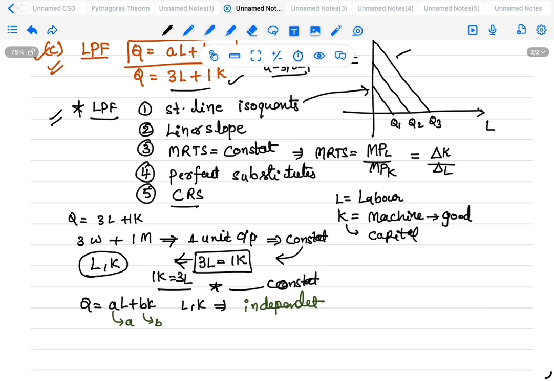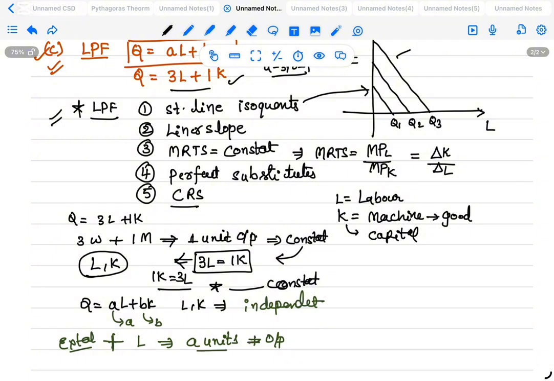If we add an extra unit of labor to labor L, it adds A units to output.